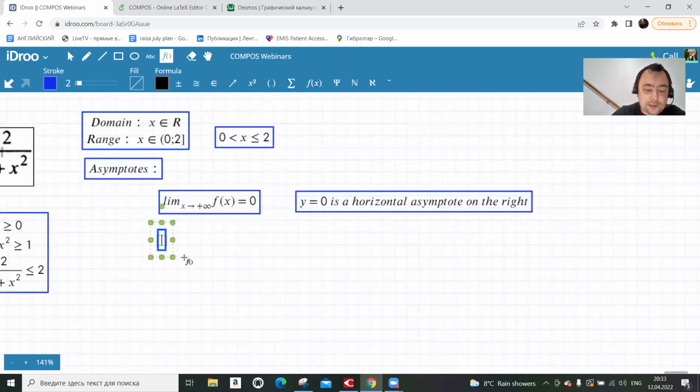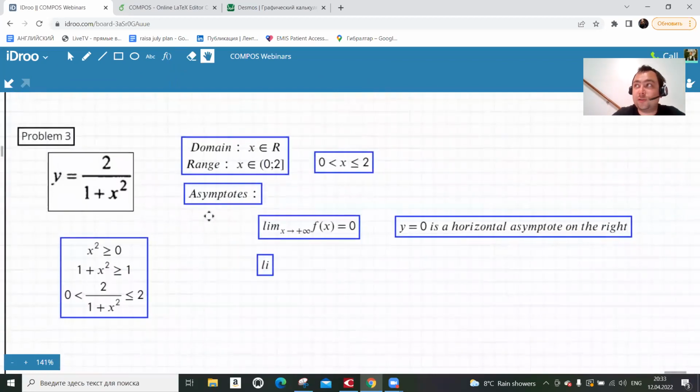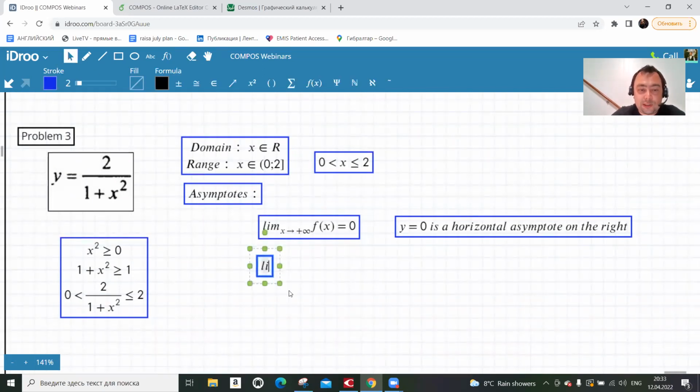Similarly, we can do the limit, but you can also notice that this function is even, so it's going to be symmetrical. So if y equals 0 is an asymptote on the right, it's going to be an asymptote on the left as well. But for the sake of it, we just say limit. As I said, analysis of function is a form of an art, so there's no one solution. So when x tends to minus infinity of f of x, you substitute a very large negative number.